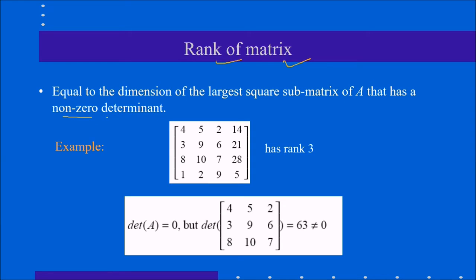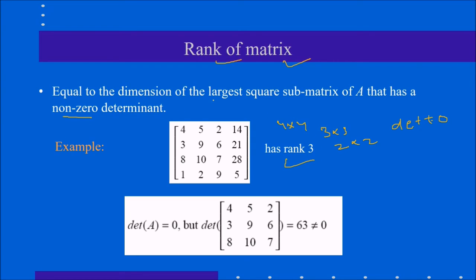If this is 4 by 4, we first find its determinant. Then we take all the 3 by 3 submatrices and find their determinants, and then the 2 by 2 ones. Where we get a determinant not equal to 0, we say the rank of the matrix is that dimension.